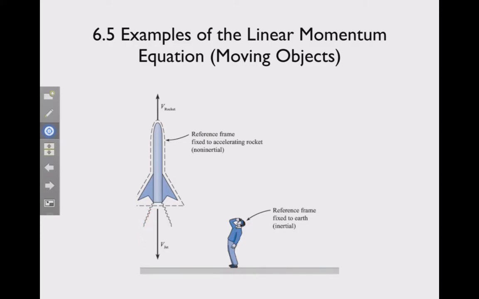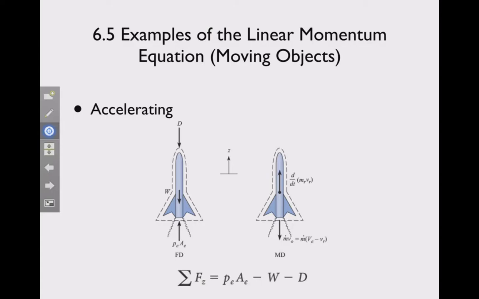So let's take a look at this accelerating reference frame. If we were to do a force diagram on a rocket, what we find is that there will be a drag force and the weight force in the negative z direction. And the pressure force, the pressure of the ejected exhaust times the area of the exhaust, is going to be the pressure force acting in the positive z direction to propel the rocket forward.